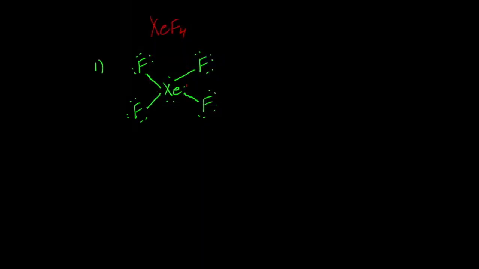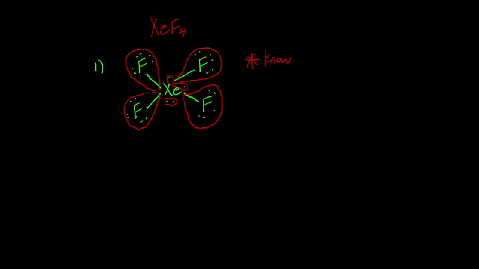So there's 1, 2, 3, 4, 5, 6. So you should know that 6 groups, the electronic geometry of this weird molecule, is something we affectionately refer to as octahedral.